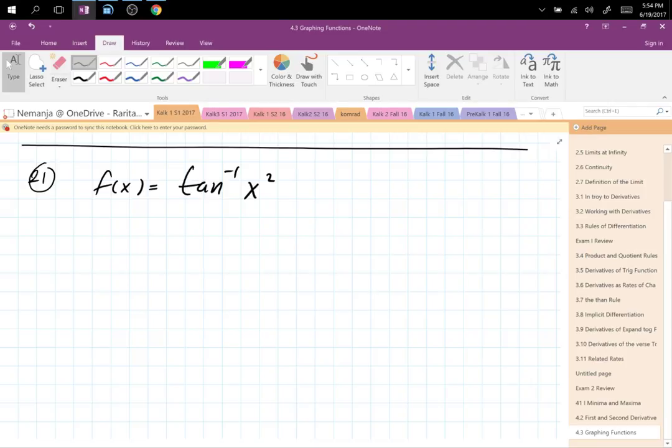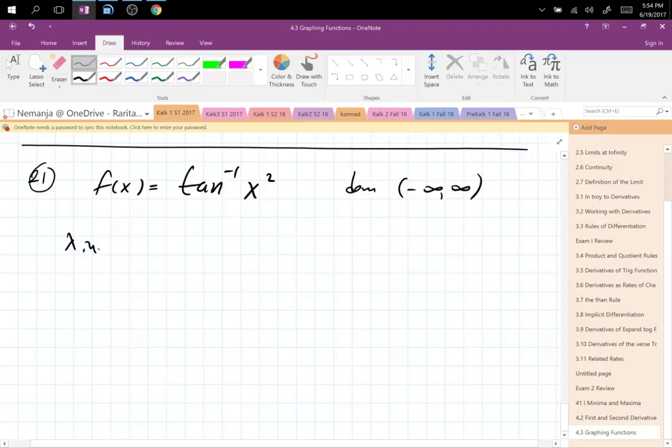So where do we begin? Well, first x and y intercepts, no, domain, sorry. Domain is from negative infinity to positive infinity, all real numbers, because we can plug in any value for x, right? You square it. And inverse trig functions have all real numbers as domain, so we're good there.